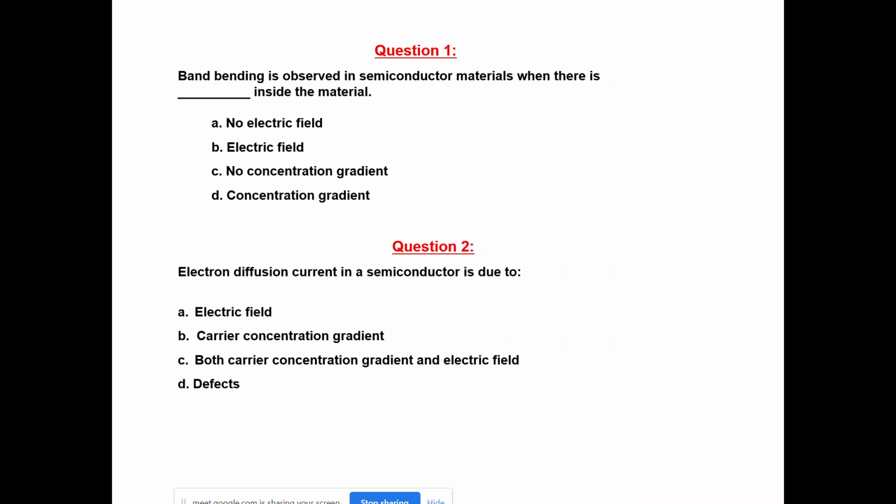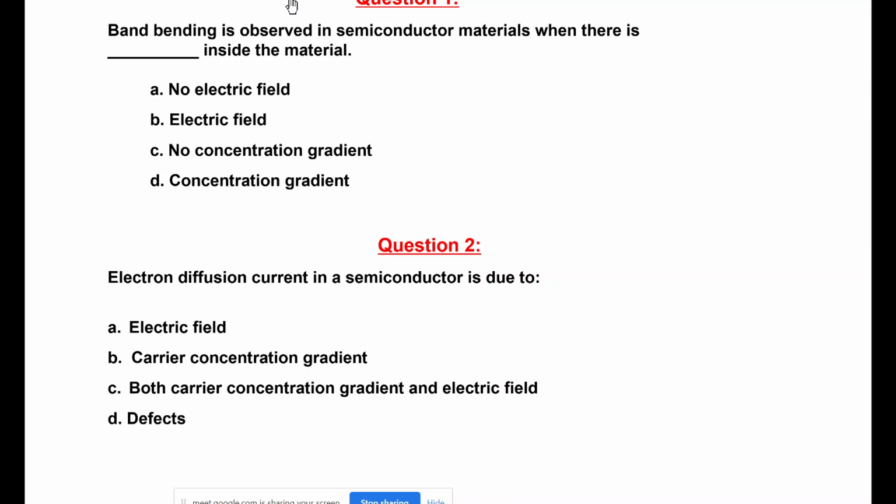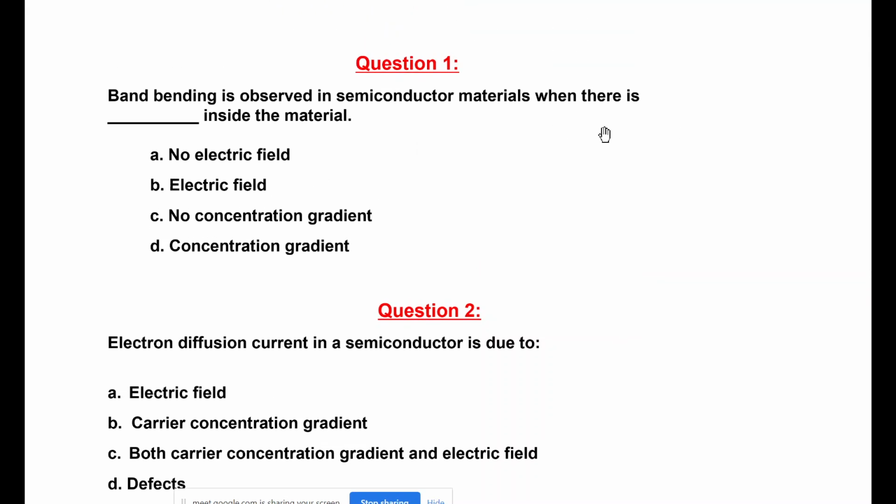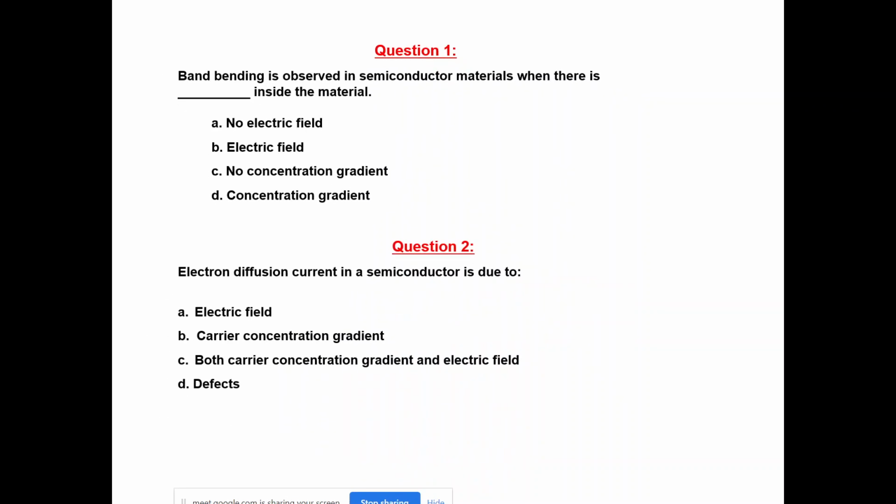So the first question is: the bending is observed in the semiconductor materials when there is dash inside the material, and the options are no electric field, no concentration gradient. You have 1 to 2 minutes to tell me the answers. You can type the answers in the chat box if you know.